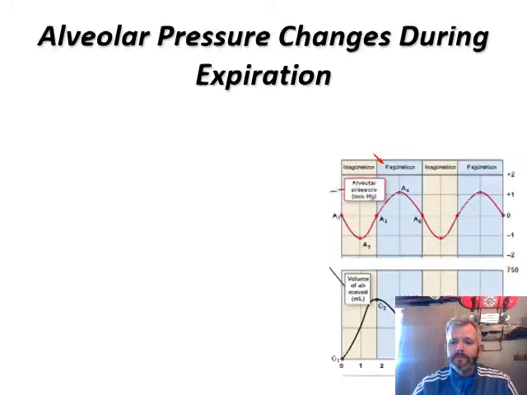Right? So let's look at this over our changes. Here's our pressure again, alveolar pressure. What's the pressure in our lungs? And now we're expiring. We did inspiration. Again, the zero point is atmospheric pressure, so anything below is subatmospheric.